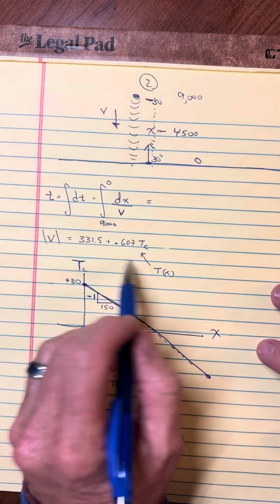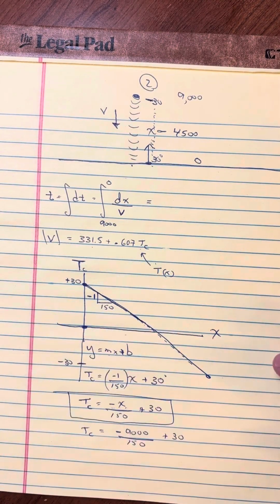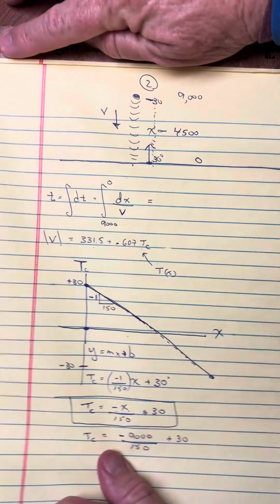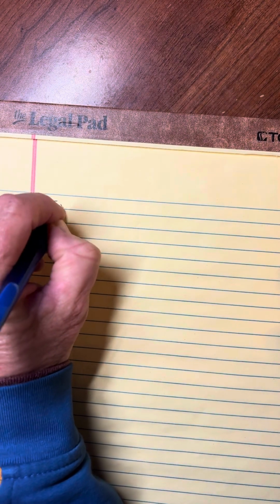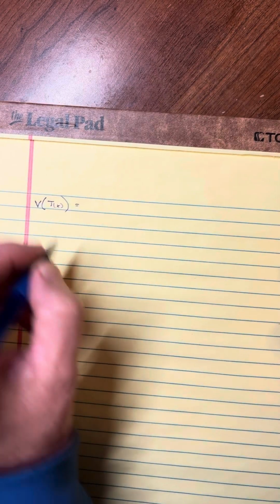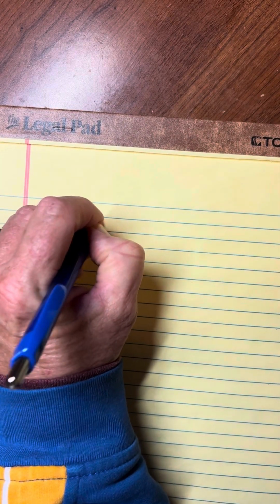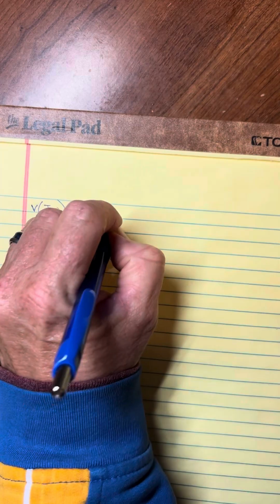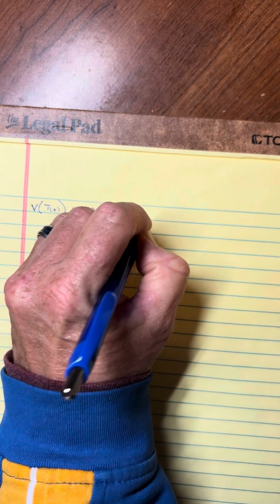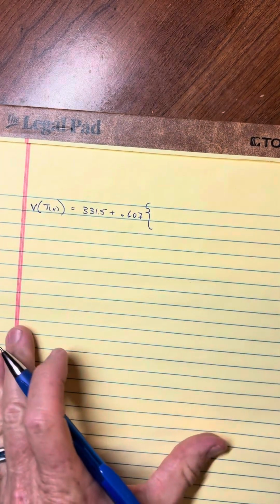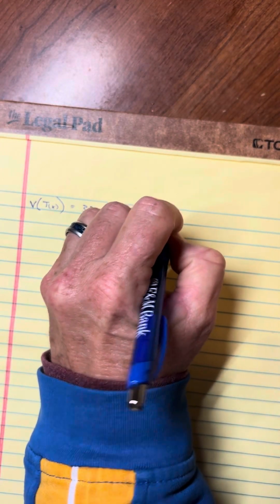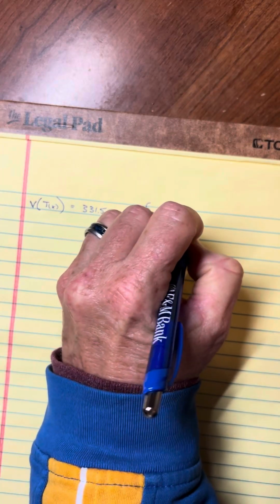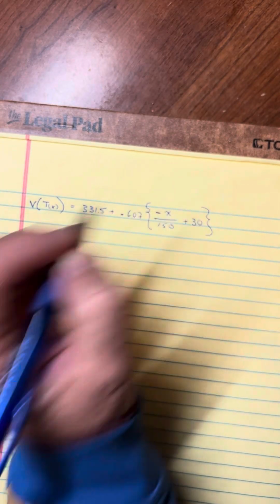And of course, this is my velocity based upon the temperature. So let's put this composite function together. Again, I guess I'd call this velocity as a function of temperature and temperature a function of position. So it'd be the 331.5 plus 0.607 times then the temperature equation, which is minus x over 150 plus 30.